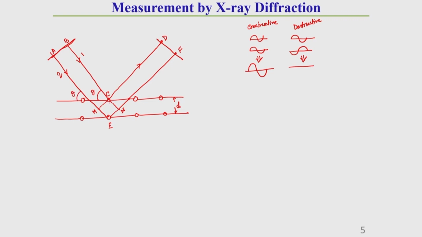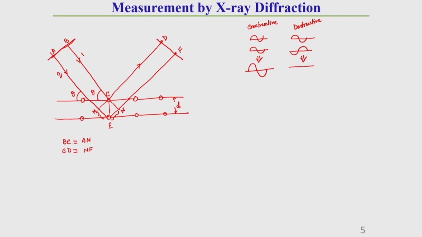Now, we have to find out this d. So, here you see, for this first wave, BC is equal to AM. Similarly, we can say CD is equal to NF. So, here you see the second wave of X-ray travels some extra path.